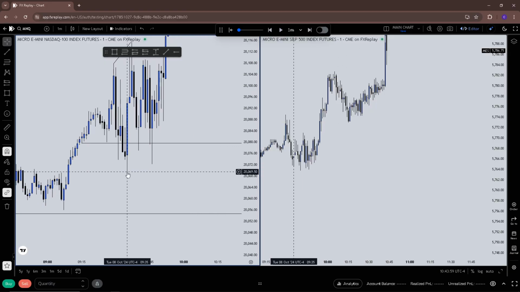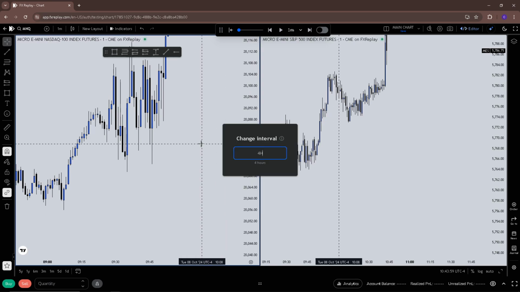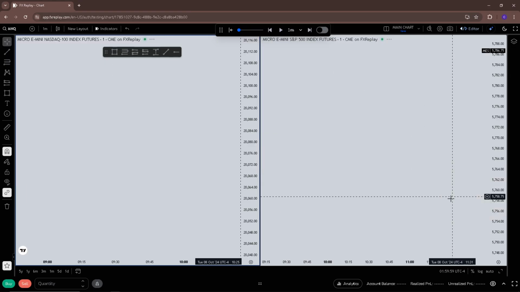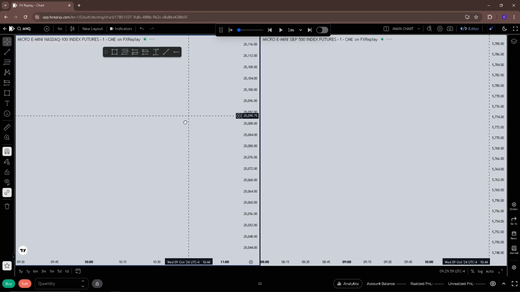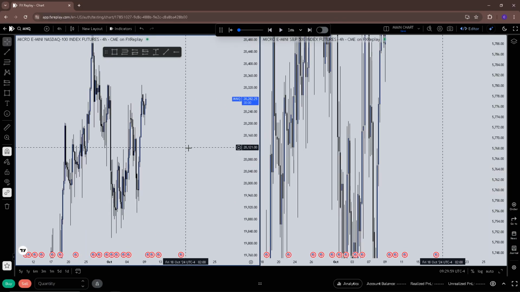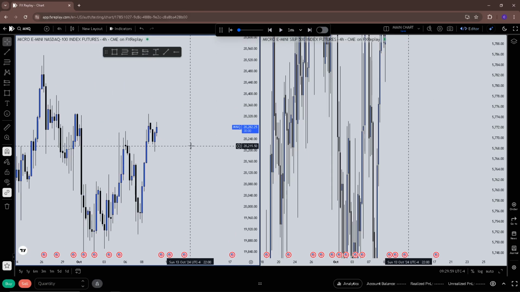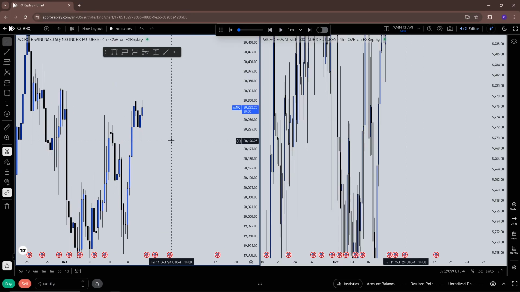Just choppy price action. We just inverse this 4-hour fair value gap. I like us pushing higher.